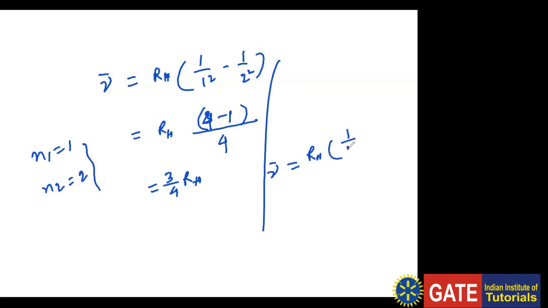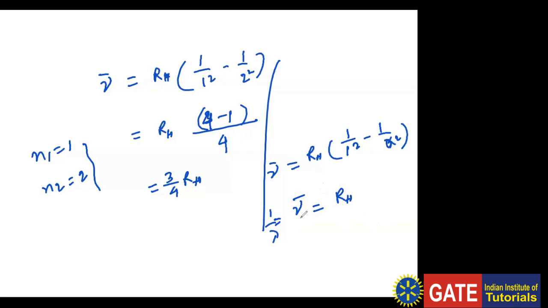If I consider n1 equal to 1 and n2 equal to infinity, 1 by infinity square is nothing but 0. Where is nu bar more? If nu bar is more, your wavelength will be the least. Nu bar is nothing but 1 by lambda. If nu bar is higher, wavelength will be the least. That means if the electron jumps from the infinity level to the n1 level, wavelength will be the least and wave number will be the maximum.